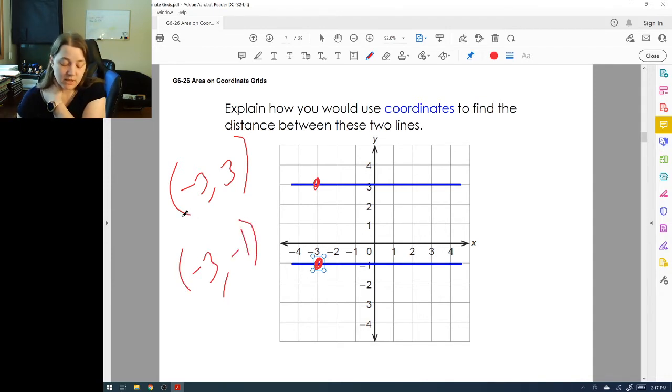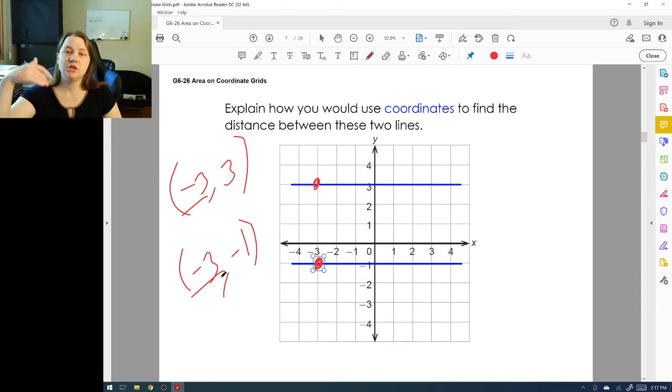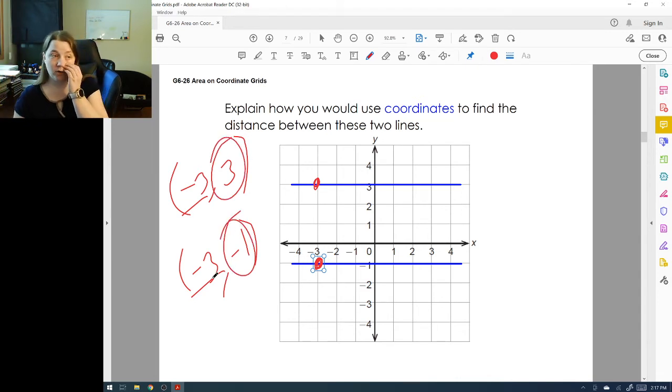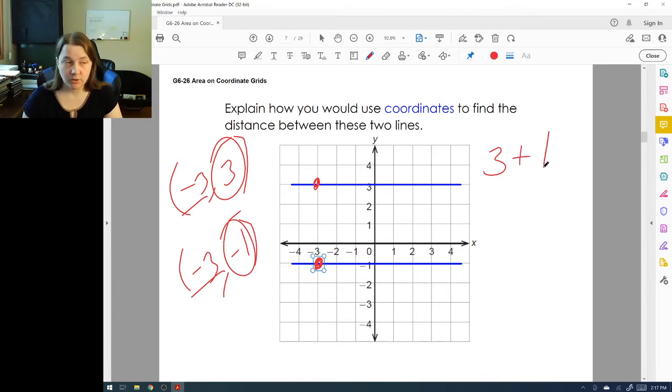So if I had to run the same amount both times, that doesn't help me find the distance between. But for the first line, I had to jump 3. The second line, I had to jump or fall -1. So to find the distance, I would take that 3 plus 1.